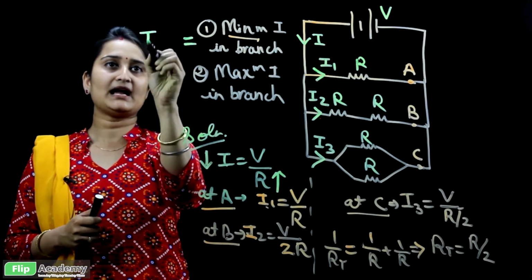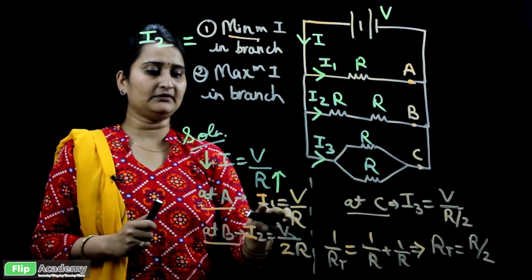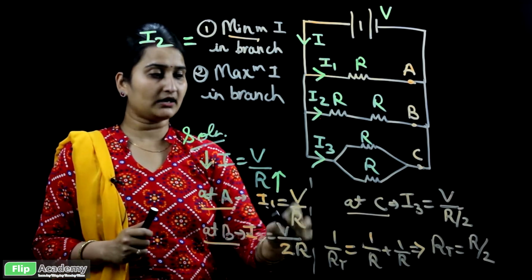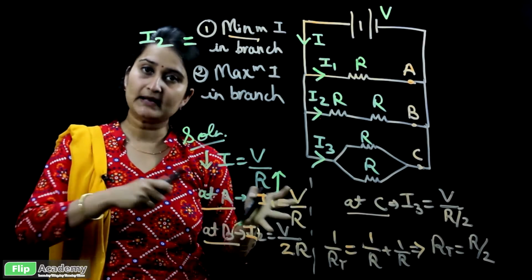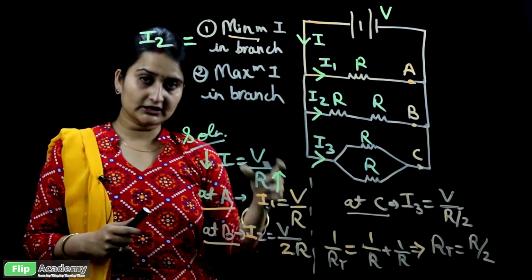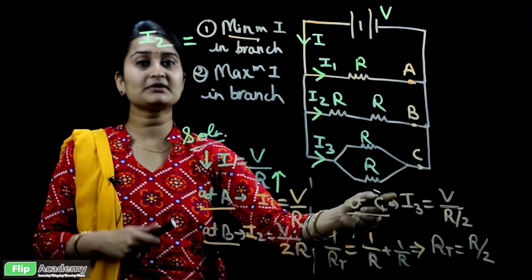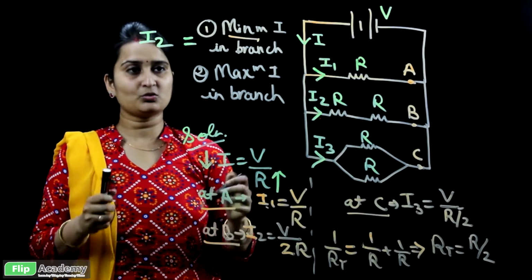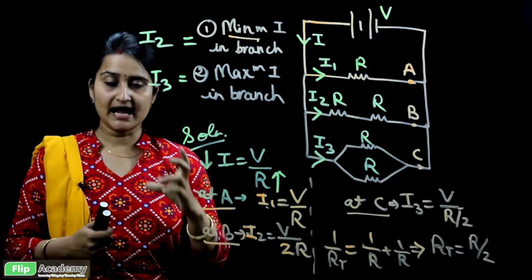It is I2. Now, what is the maximum current flowing in a branch? See, I1 is V upon R and I3 is V upon R by 2. That is, the R reduces by 2, so the denominator becomes minimum and the value becomes maximum. So, what is the maximum current? I3. So, this is how the question is solved.